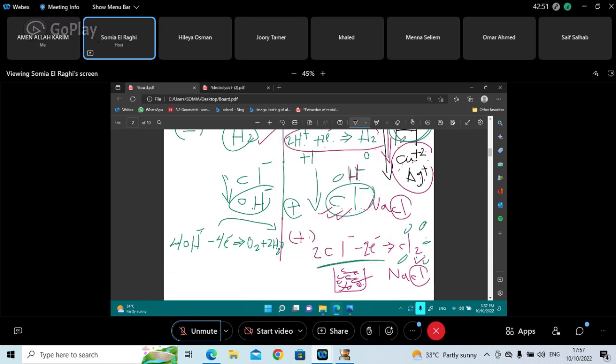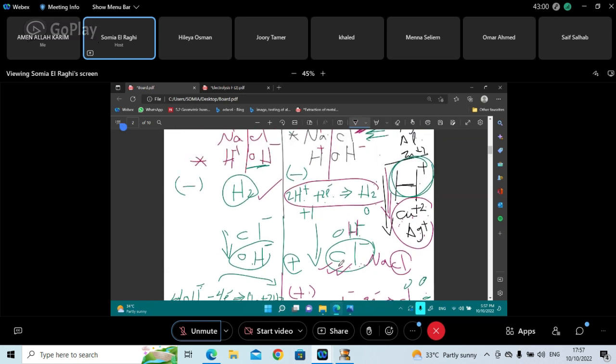That is a different case from the diluted one. Simply, if you have dilute sodium chloride or any dilute solution, it is exactly like the electrolysis of water. If you break water, what do we get? Hydrogen and oxygen. That's it. It will help you remember.